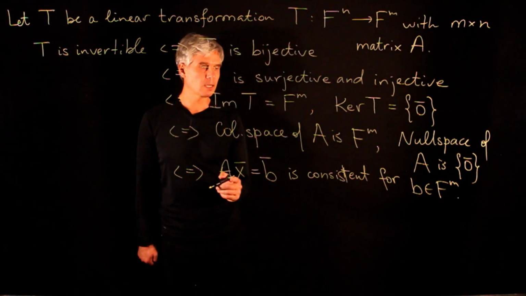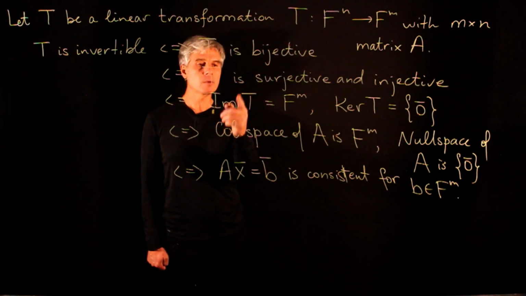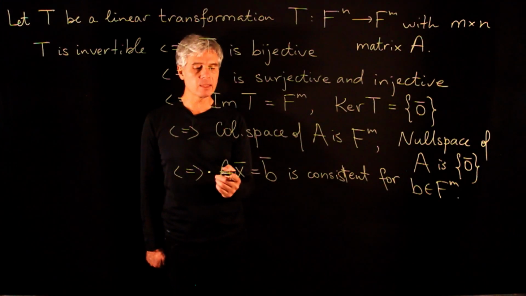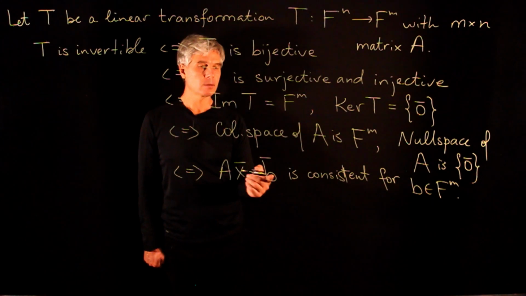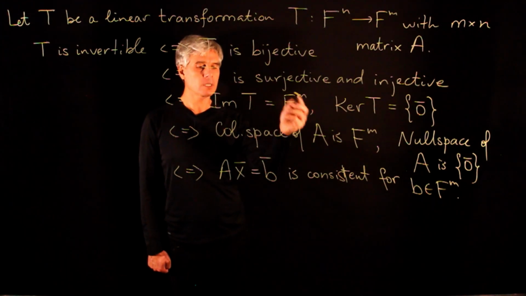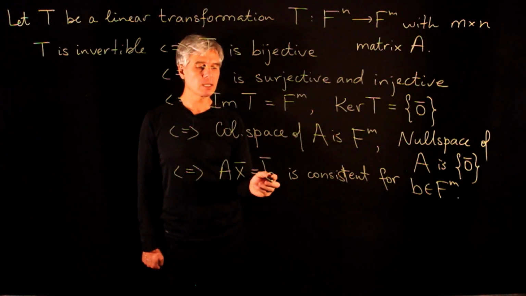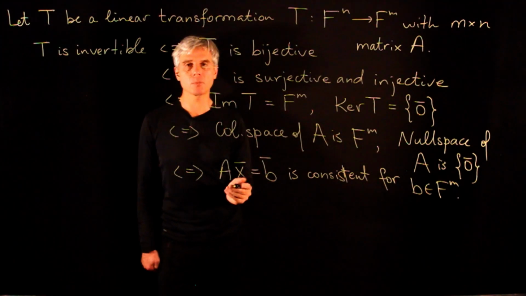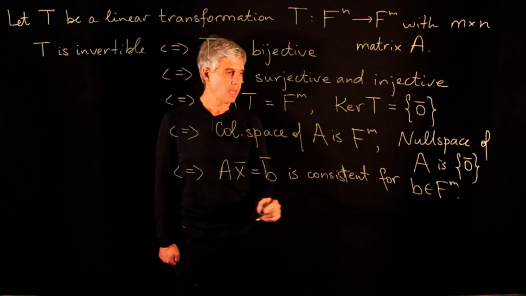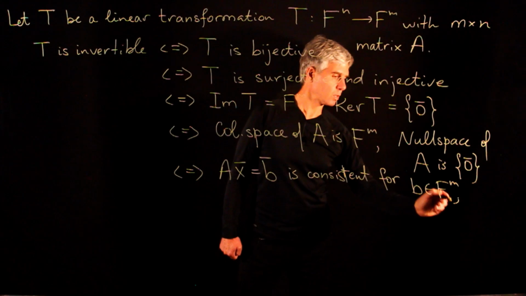Because any vector in the image of the transformation can be interpreted as A times something. And so if the image of T is Fm, this means that any vector B in Fm can be expressed as A times some vector from Fn.